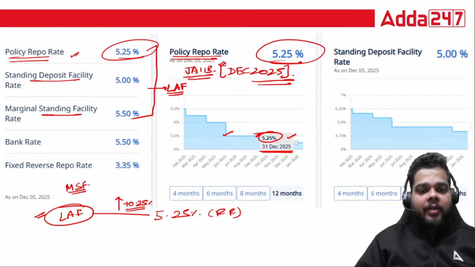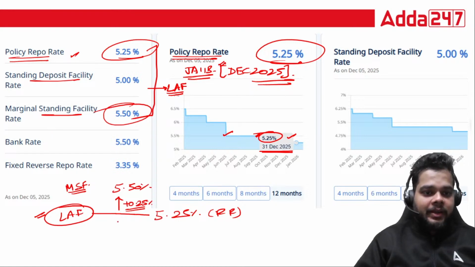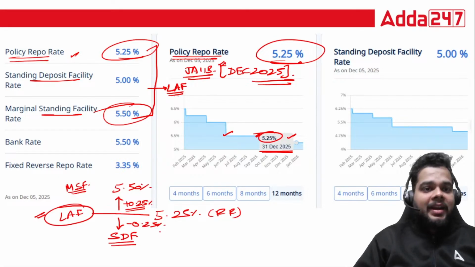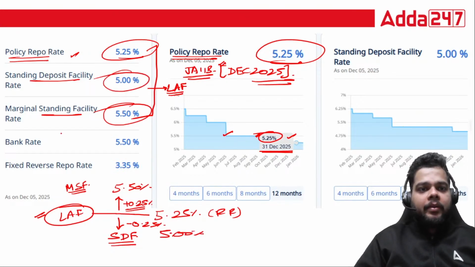So 5.25 plus 0.25 will give us 5.50, which is your marginal standing facility. And subtracting 0.25% from the repo rate will lead us to the SDF, standing deposit facility, which right now stands at 5.00%. So likewise, you can remember all three important numbers, the data points.